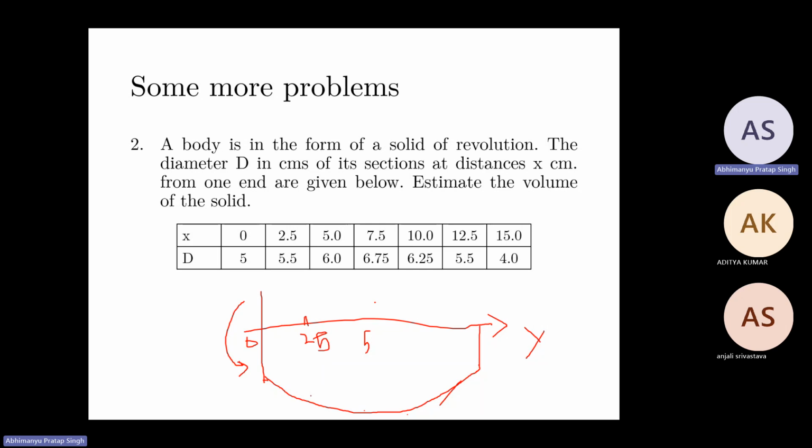So does anyone know how to approach this problem? Anyone? No? Fine. So what we can do is, this is a solid of revolution, so each of these discs we can treat as a circle.